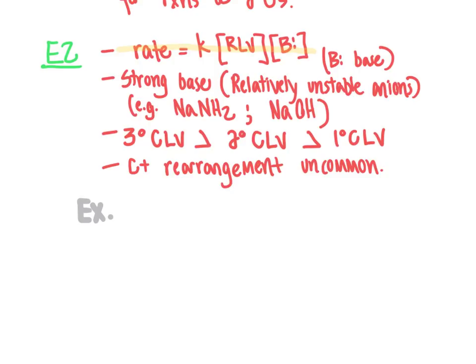So we'll start with this molecule. And we're going to react here with a relatively strong base. And when we look at this particular reaction, we're going to be asked to predict the elimination product.